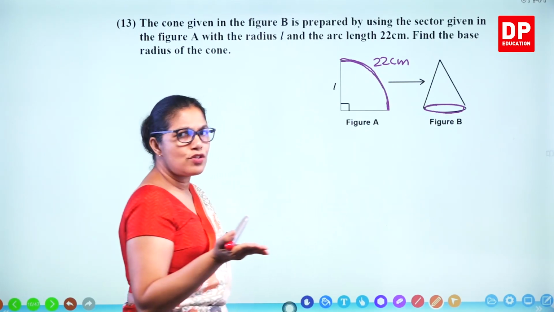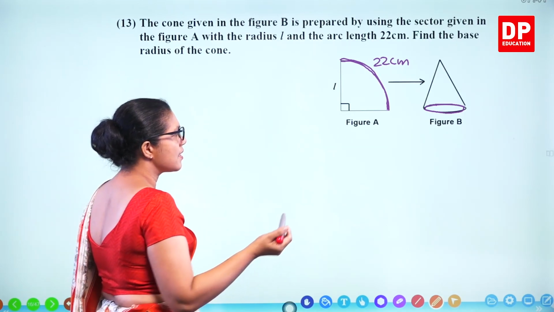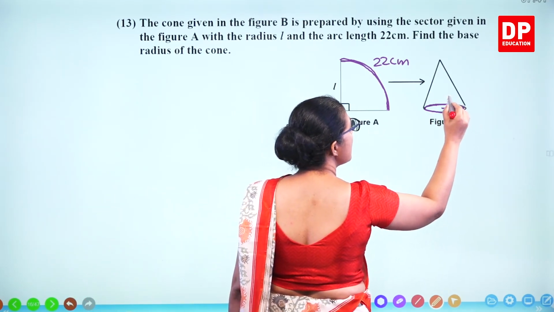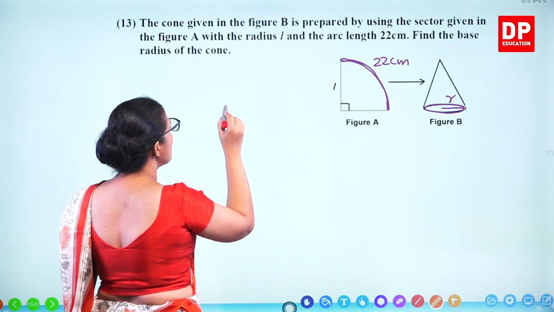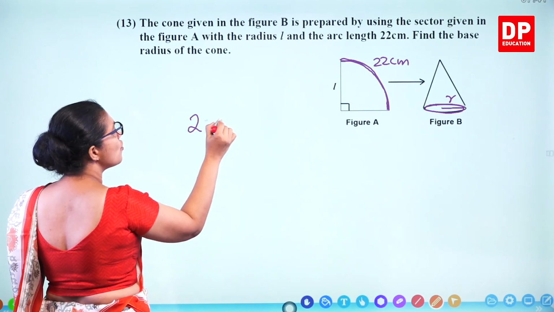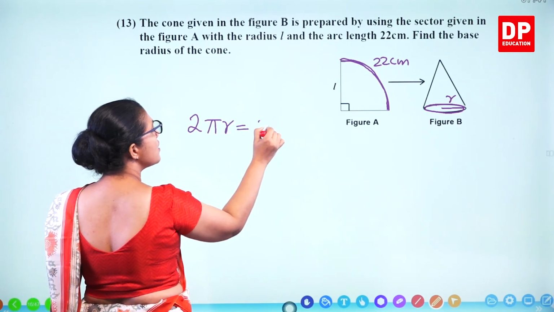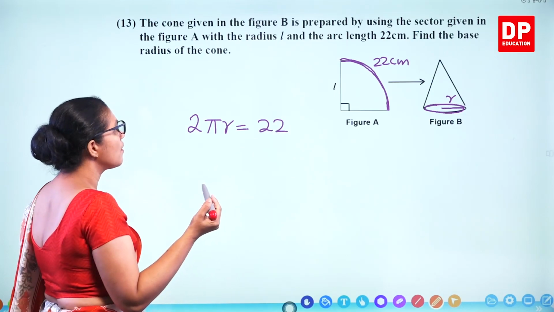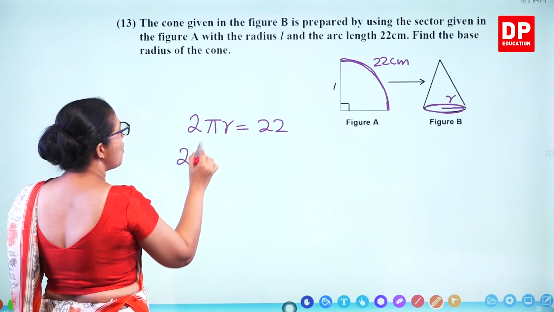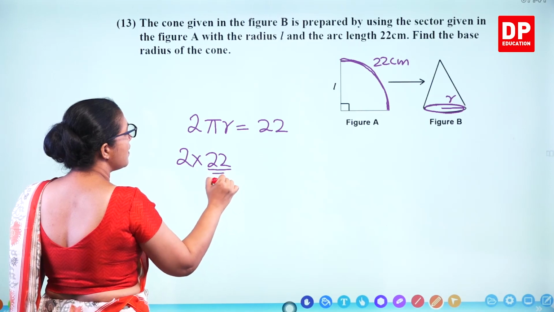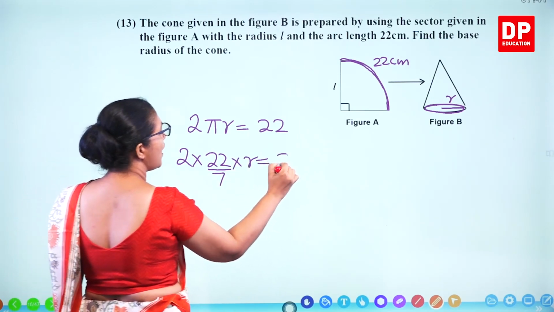is equal to 22. So what's the circumference of a circle if the radius is r? 2 pi r. So 2 pi r becomes 22 now. We know pi is 22 over 7 and r we need to find.